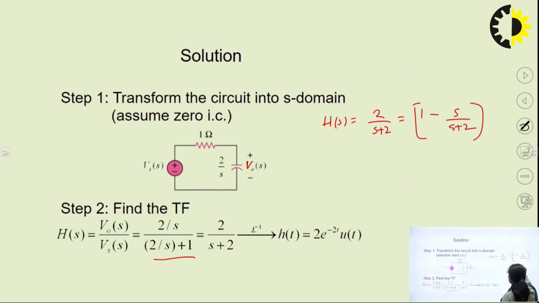So now you will calculate HT by taking the inverse Laplace of this. Okay, so HT is 2 e to the power minus 2t into ut.